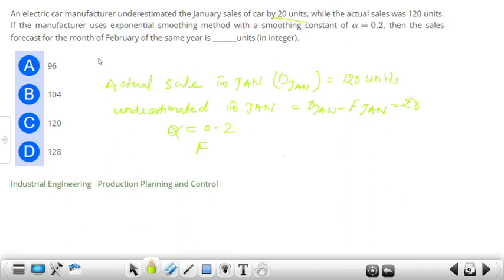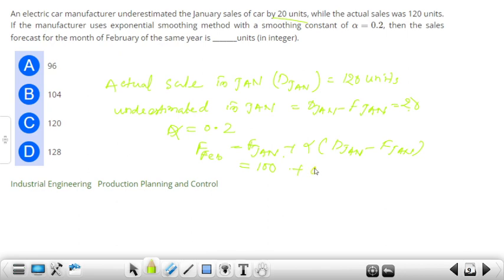Forecast of February is equal to forecast of January plus alpha times D January minus forecast of January. The forecast of January is 100 units, which is 120 minus 20, equal to 100.